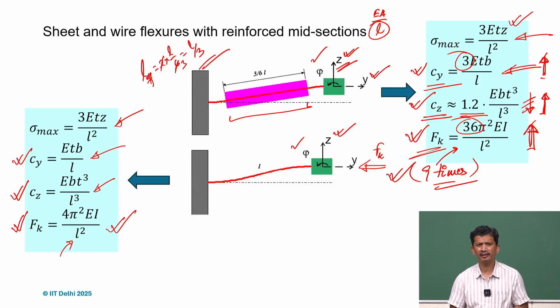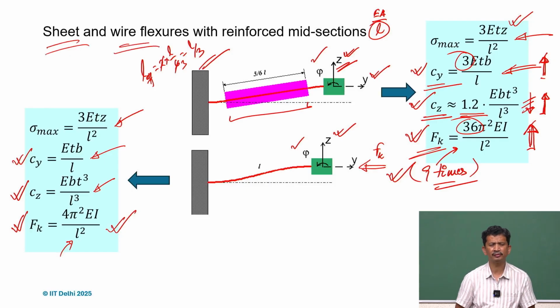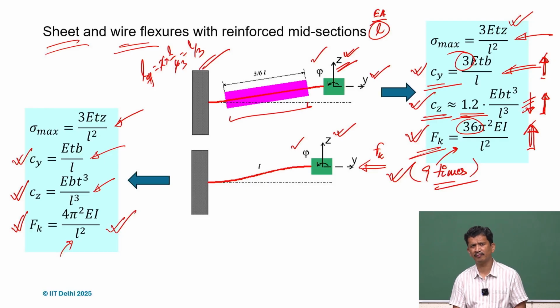And that's why many times when we have these kinds of designs, if you are using sheet and wire flexures, and if we find that there might be some compressive load coming on these members, then it's always better to reinforce the mid sections, so that the load bearing capacity can be improved.